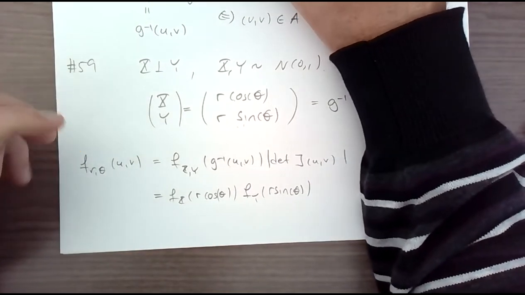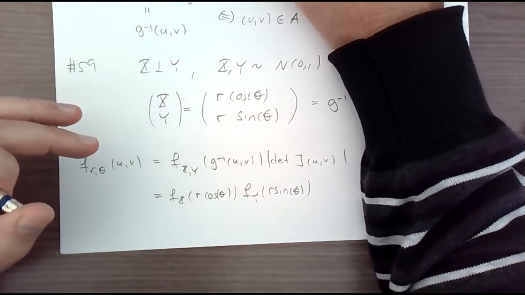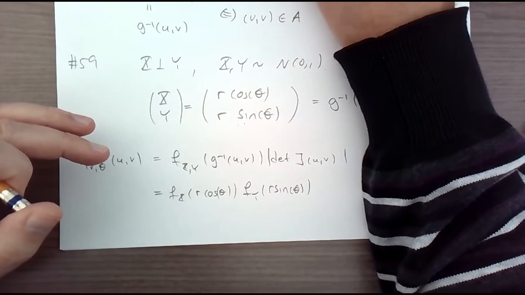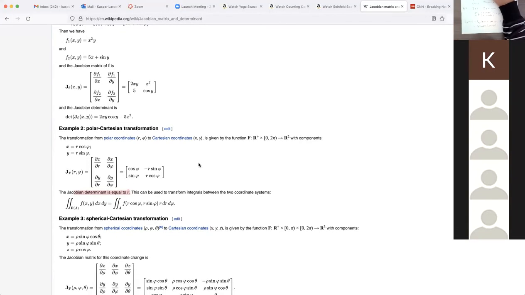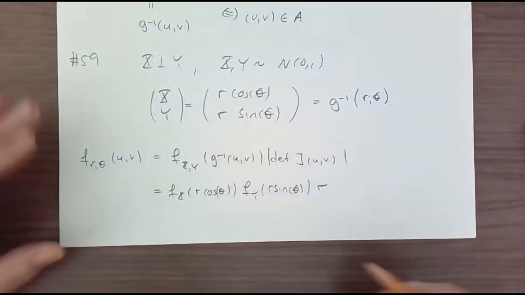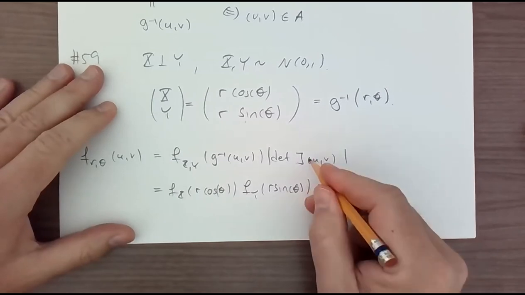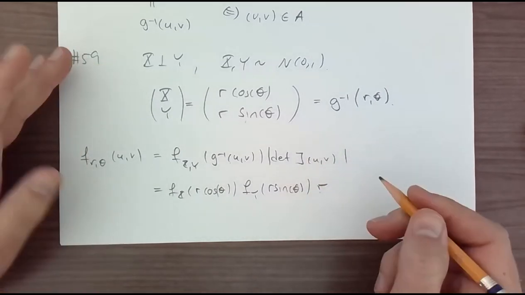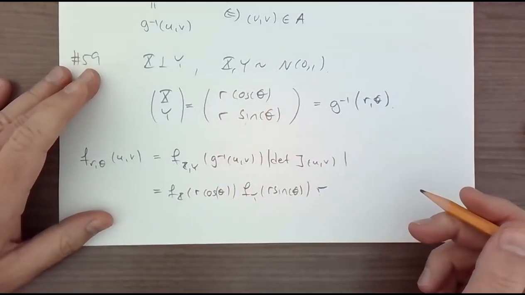Remember, the Jacobian determinant for polar coordinates is equal to r, so that's what we have to plug in here too. So there's an r there. This is the absolute value of the determinant, and r is positive, right?